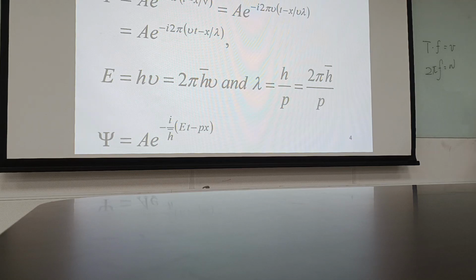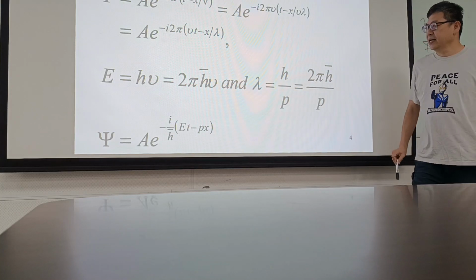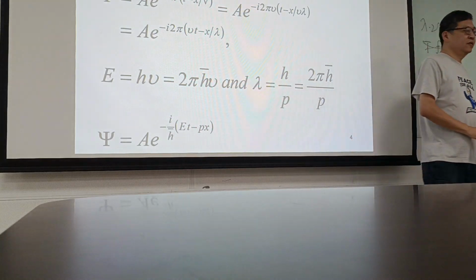Let me rewrite this. We call this lambda, and lambda times mu equals v. So here is lambda, here is mu.